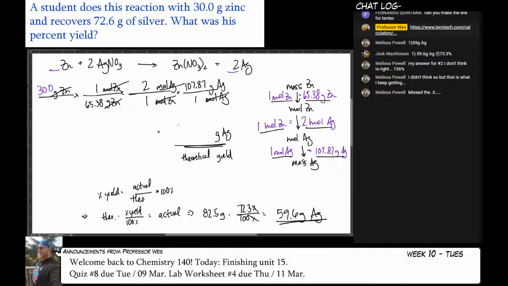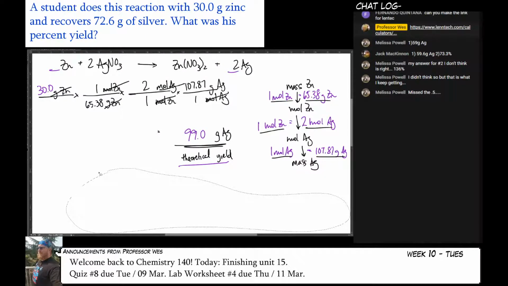So 30 put into all this mess gives us 98.99, so 99.0. This is my theoretical yield for the second problem. None of this is useful, so we'll just trash that for this problem.